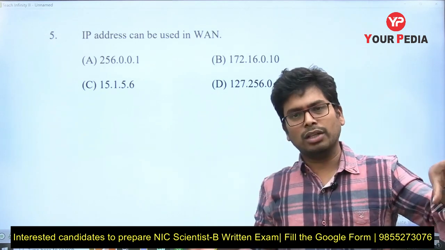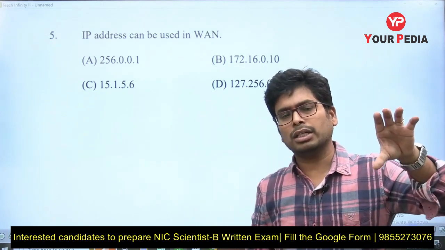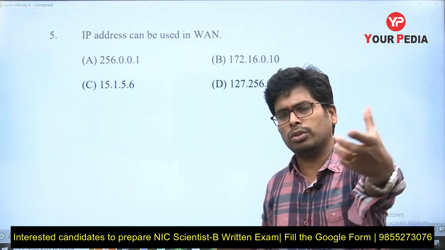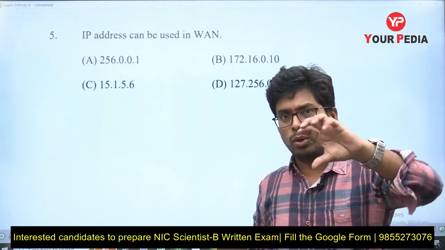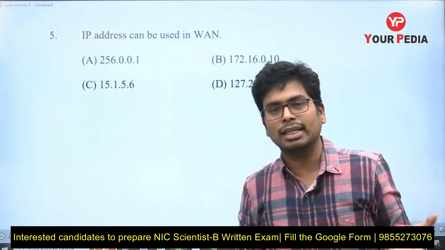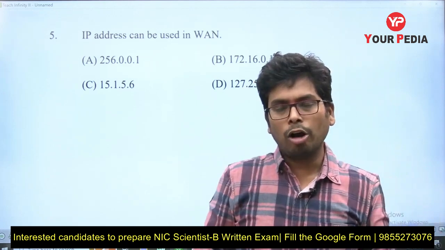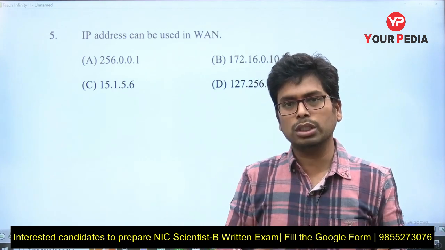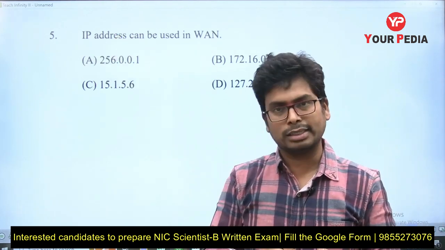In the network they will give one IP address, and depending upon that IP address, whatever system you want to connect to the network, you can give one number for that system, and we will use the last octet, that is nothing but category C. Category C type of systems are mostly used for WAN connection in the internet.